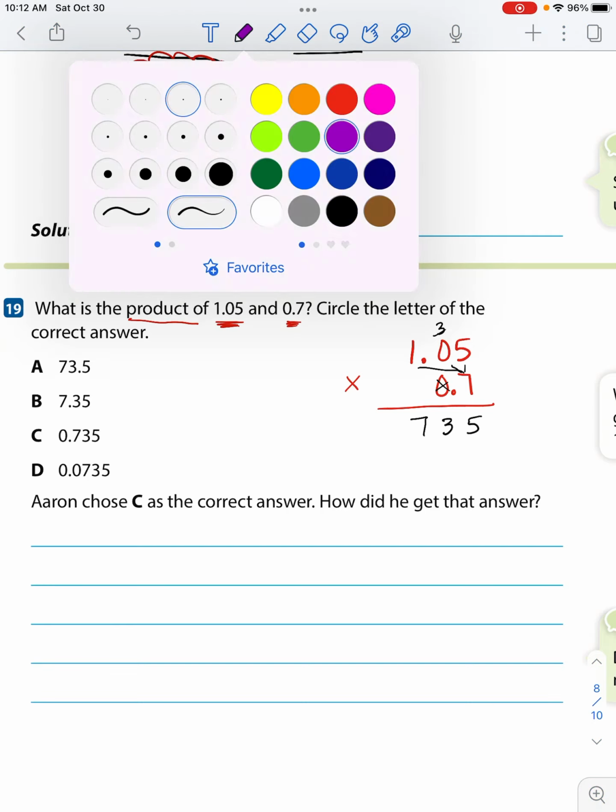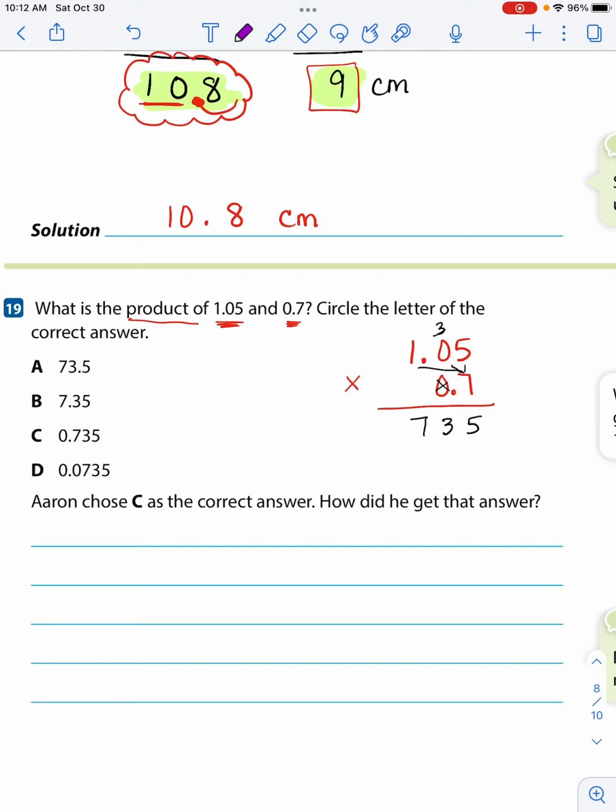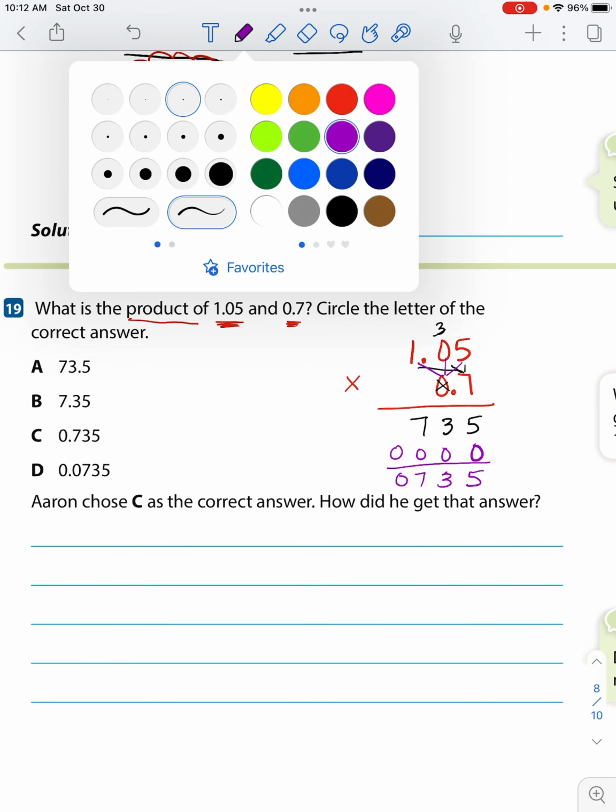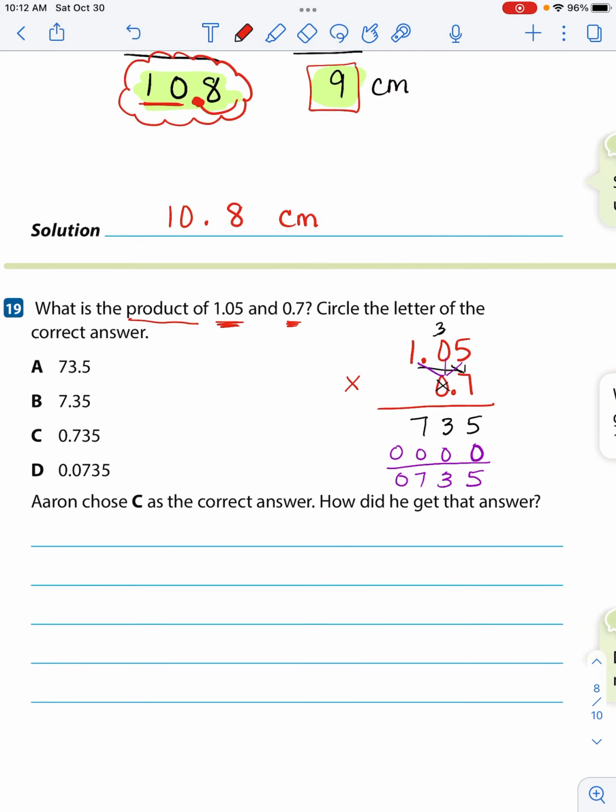Okay, so done with that one. You can put a 0 there, and remember this is just 0, 0, and 0. But it is important to know that because it may affect your decimal point in the end, so you don't just want to skip that row. So let's see where our decimal point will be.